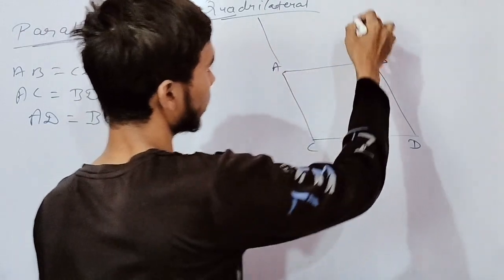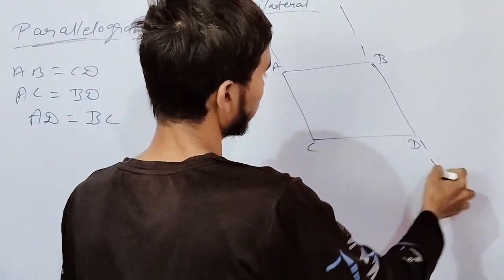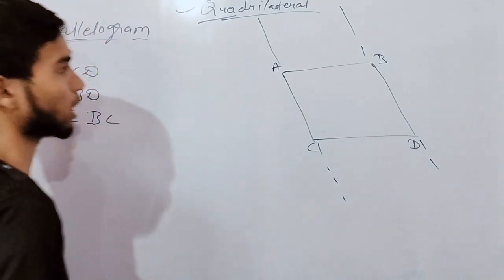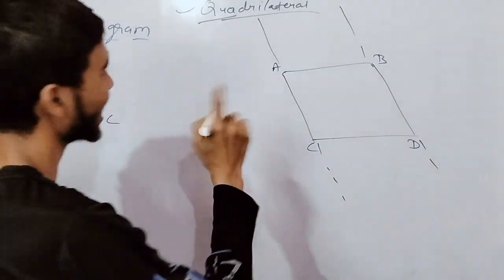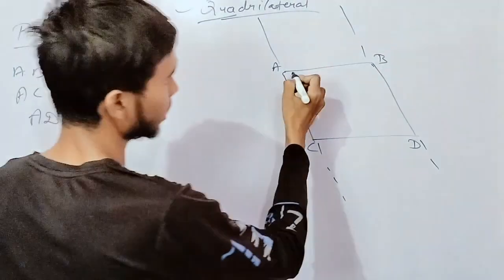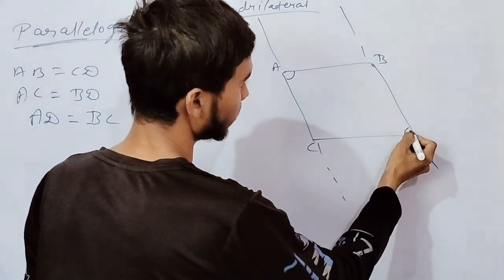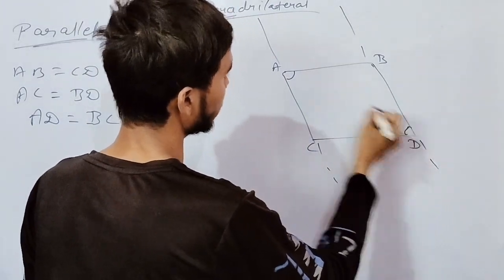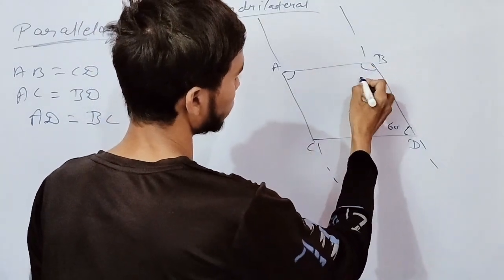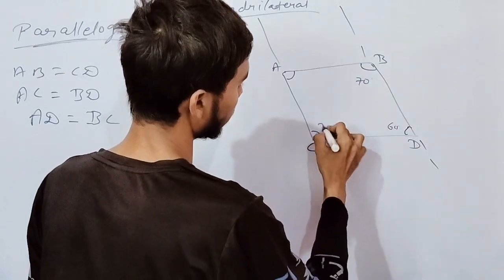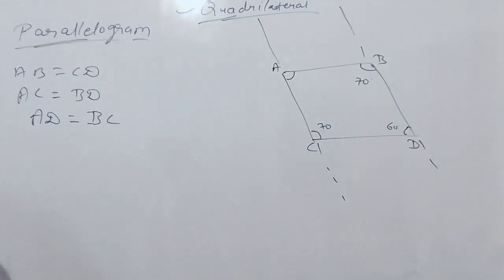Remember, parallel lines never intersect each other. This is the meaning of parallel lines. Now here, in a parallelogram, the opposite angles will be equal. If this is 60, then this will also be 60. If this is 70, then this opposite will also be 70. It will happen in a parallelogram.